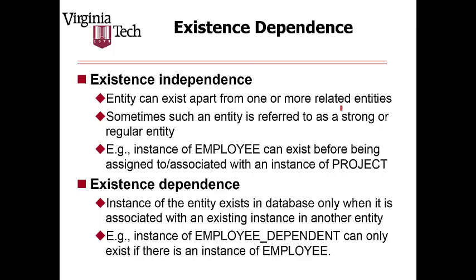Now, most entities are independent. They exist whether any other entity exists or not. That's the dominating type of entity. But occasionally we have dependent entities, and I'm not too hung up on this concept.